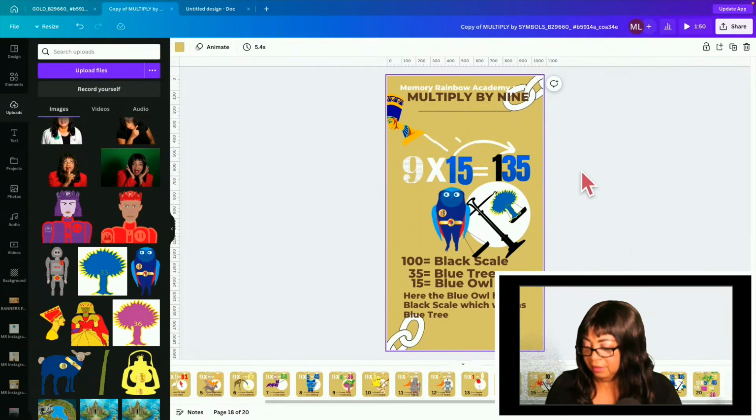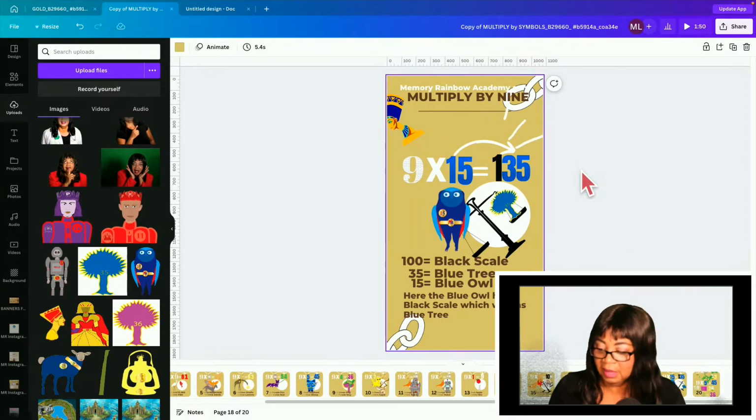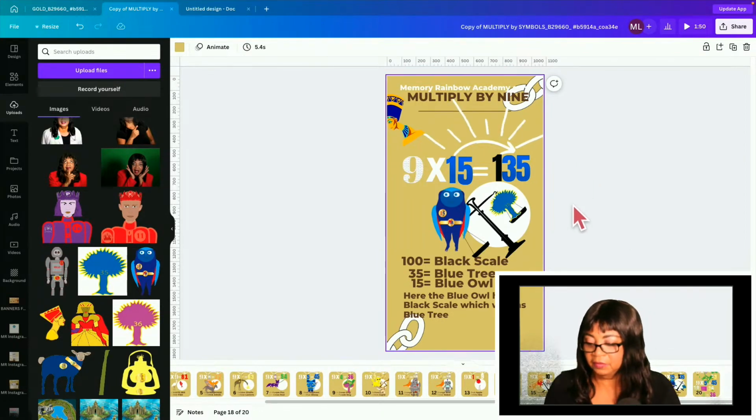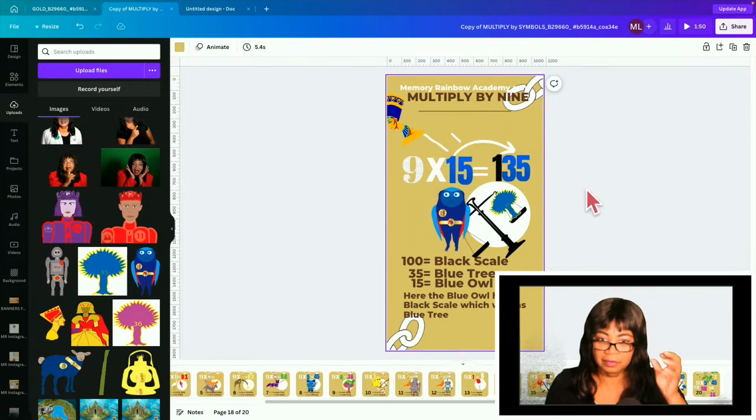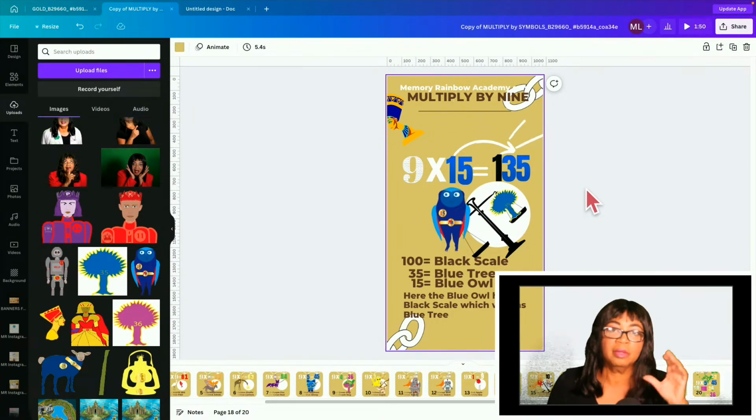And then 9 times 15. This one is nice because the letter that goes along with 15 is O. O is the 15th letter. And I use the owl, or the oracle of O, right? She's the power hero.